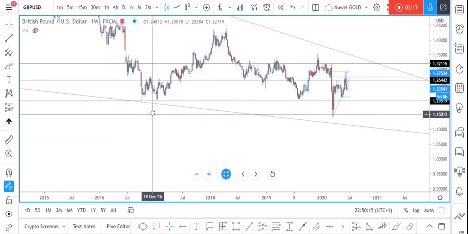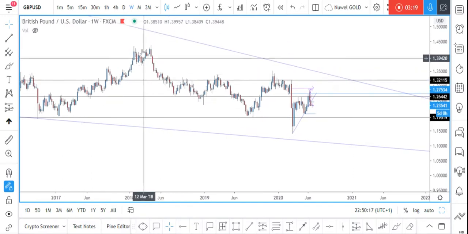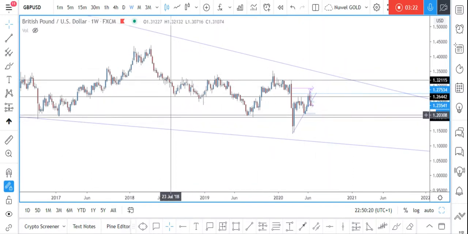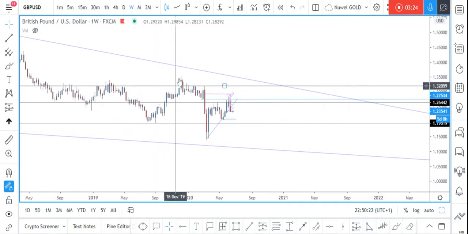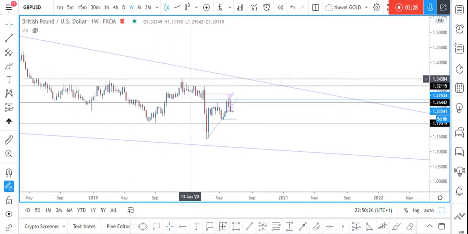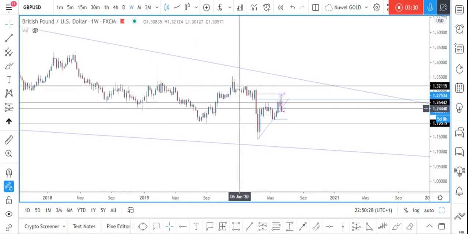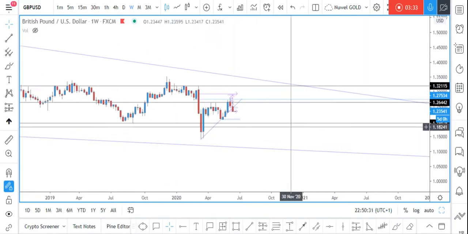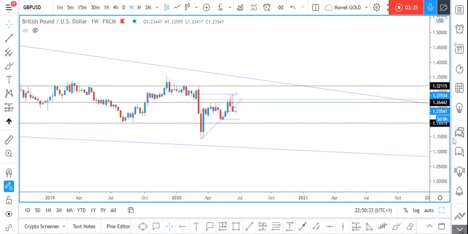So, coming up to the weekly time frame, we can see we're in a smooth, beautiful bearish trend. Price makes a high, although this would be a higher high with respect to this, but then makes a low, then slowly reverses back up.